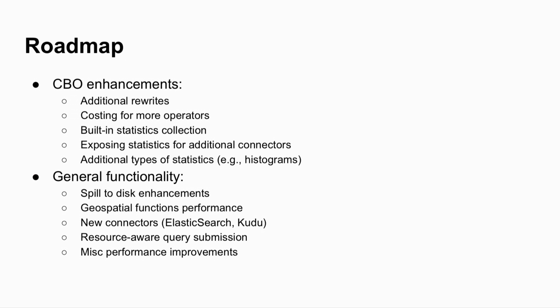And also add statistics for additional connectors, right? All the work that we've done so far is about statistics for the Hive Metastore, which basically covers the two major data sources, HDFS and S3. But what if you have Cassandra tables or you have Postgres tables?